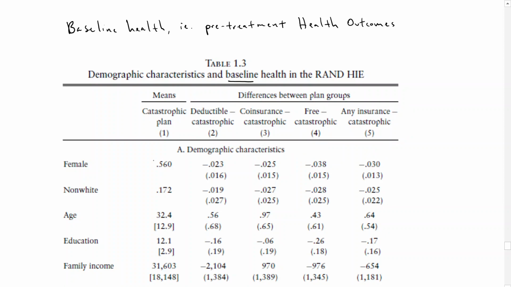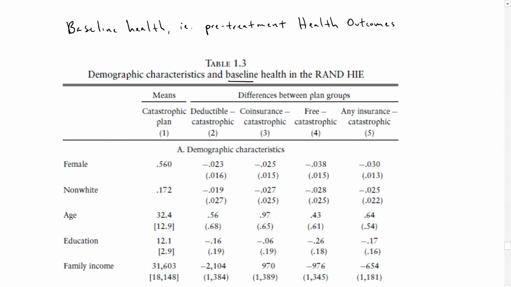So we have the means of the people in the catastrophic plan, and then we can compare those means to each other group to check for balance, to see if there's any statistically significant difference in the groups. And we're going to use our rule of thumb as we did last time. When a difference is larger than approximately 2 standard errors, that difference is said to be statistically significant, and it's unlikely to be due to chance.